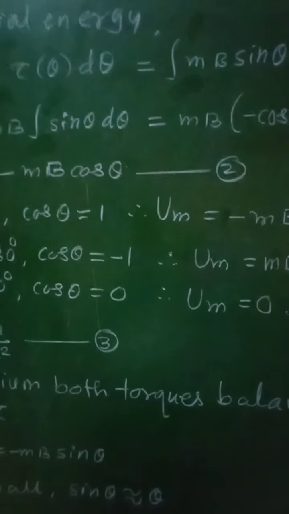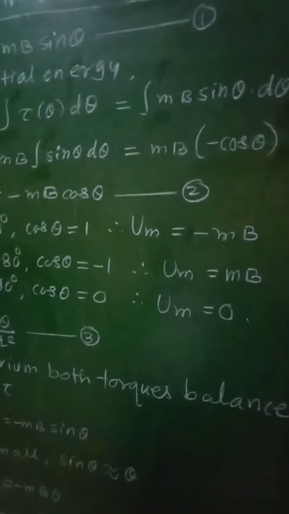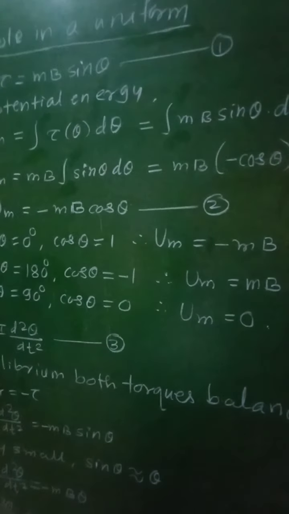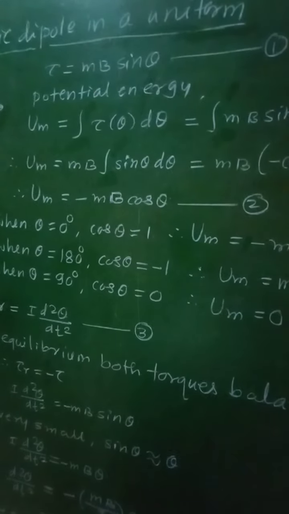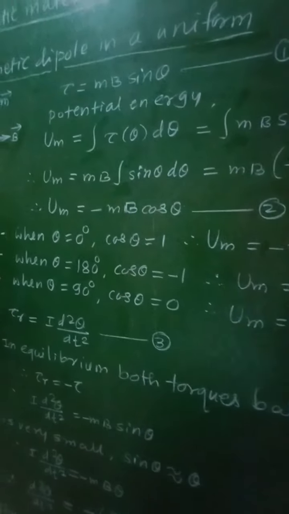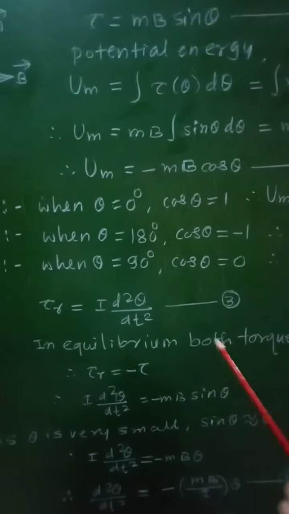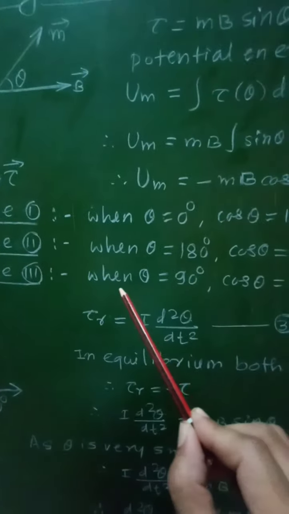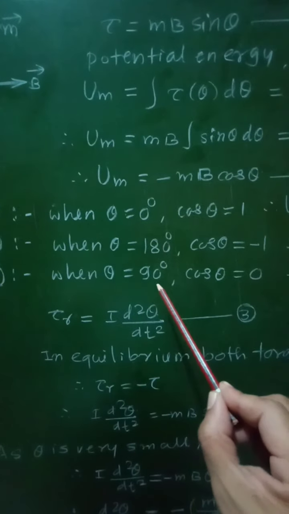So in the first case it was in the most stable state, in the second case it is in the most unstable state. And now let us consider the third case, that is when theta is equal to 90 degrees.